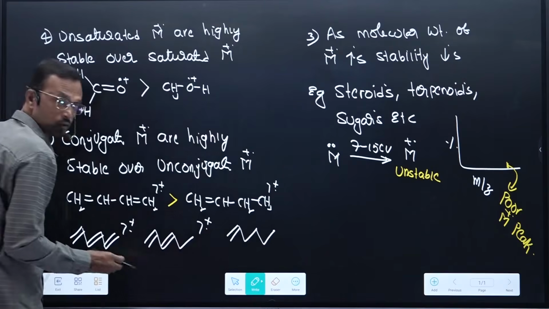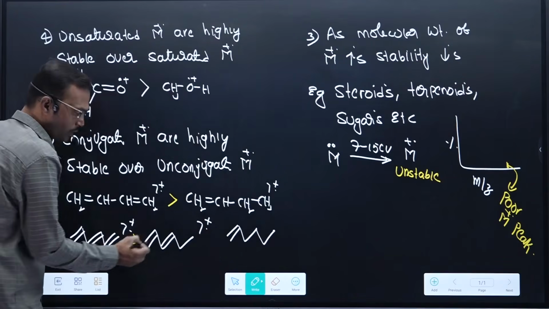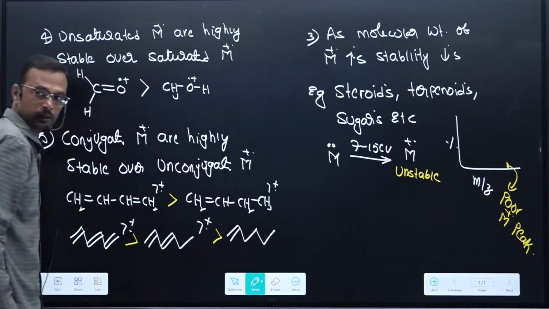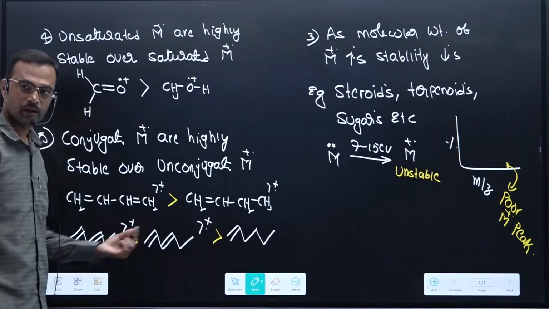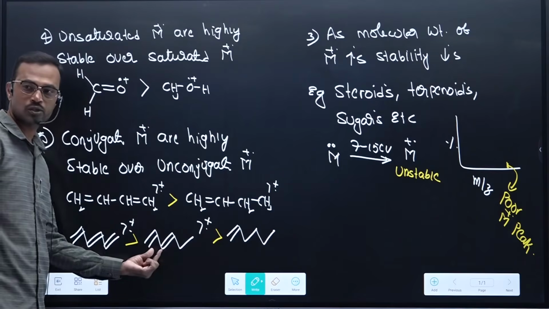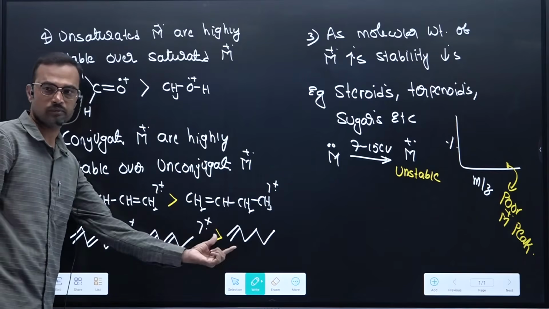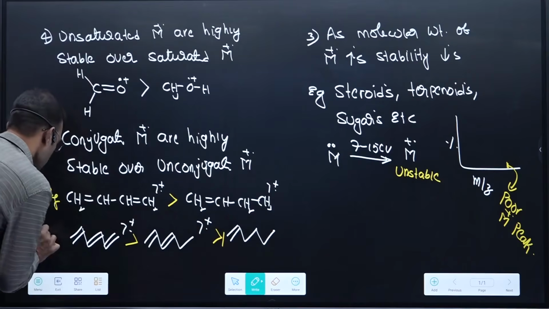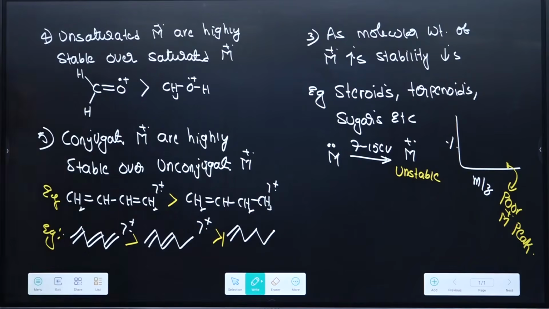Six carbons are there or not? Here 6 carbons, molecular ion. Here 6 carbons, molecular ion. Then here 6 carbons, molecular ion. But what is the difference? Here conjugation is there, here conjugation is very poor, and here there is no conjugation. First of all, there are no multiple double bonds. So as conjugation increases, what happens to stability? Stability also increases.